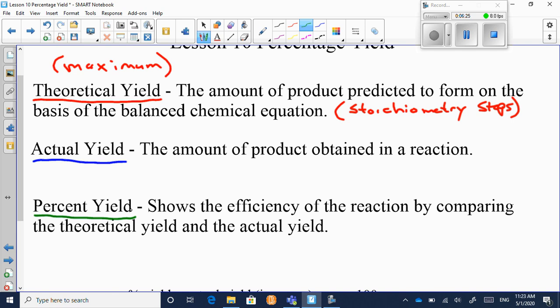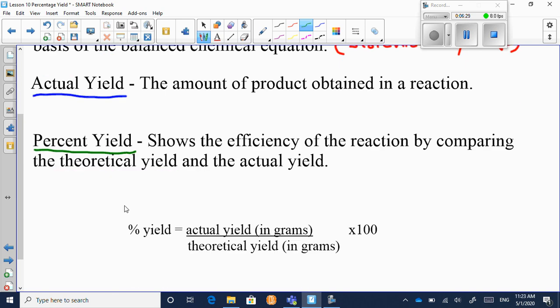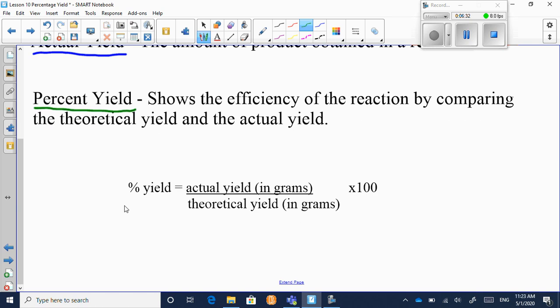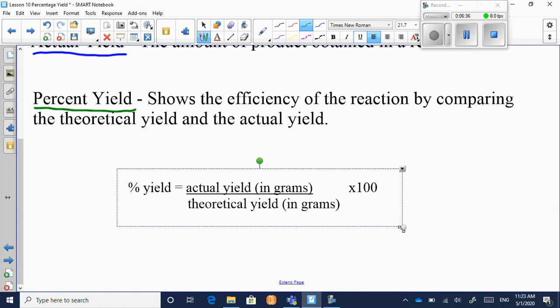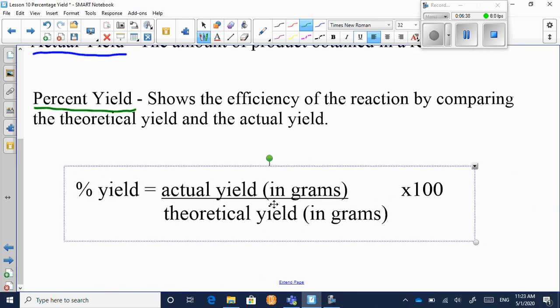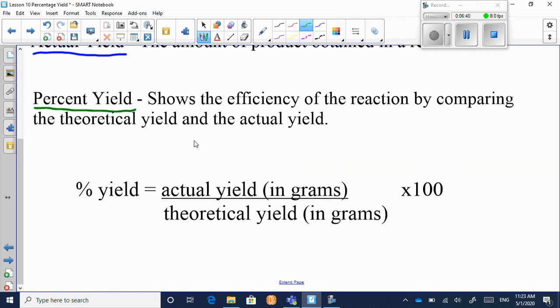It shows the efficiency of the reaction by comparing the theoretical yield to the actual yield. And we have a formula for it. Basically you take the actual yield that you got in the lab, you divide it by the theoretical yield that you calculated using stoichiometry, and multiply it by 100, and you get your percentage yield.